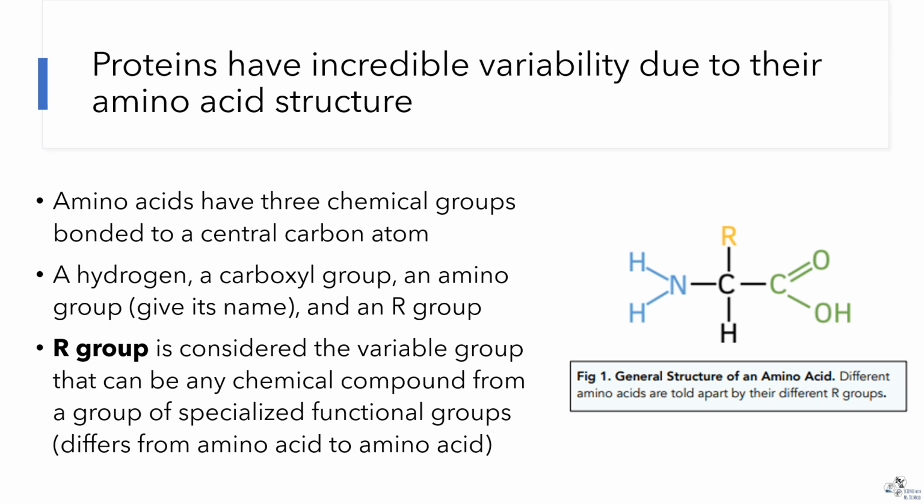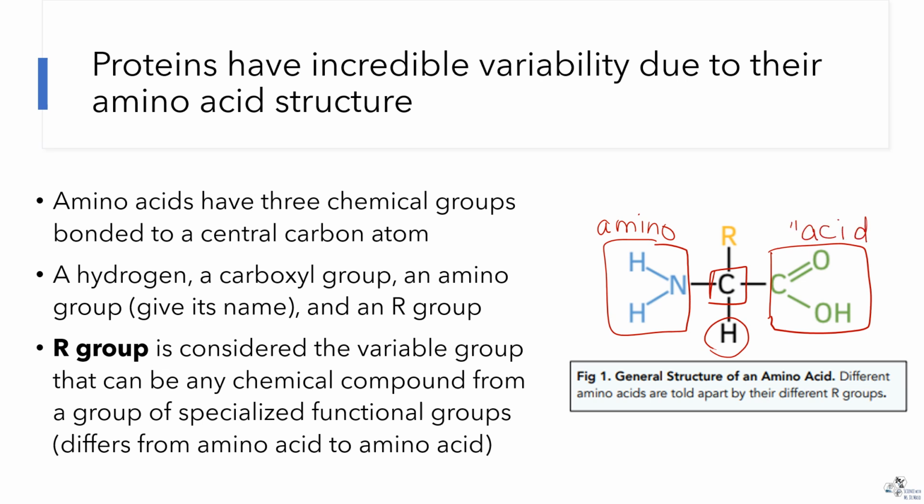So there's always a hydrogen bonded to a central carbon. Then there's going to be an amino group. That's where it gets its name, amino acid. So there's always a hydrogen, always an amino group, and then there's always a carboxyl group. This is where we get that acid term from.